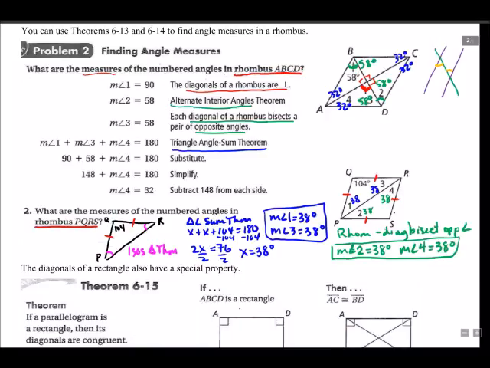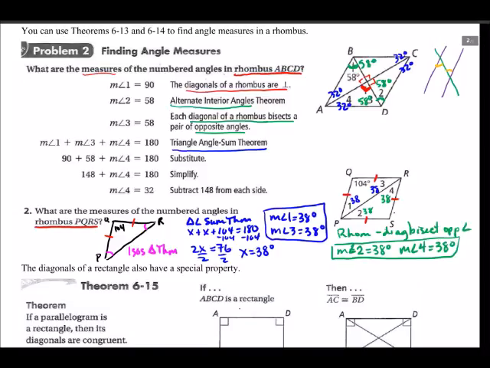We have a rhombus and we want to find the measures of the numbered angles. Well, we only have one angle in the whole rhombus, right? So what are we going to do? Well, did you mark the sides of your rhombus congruent?